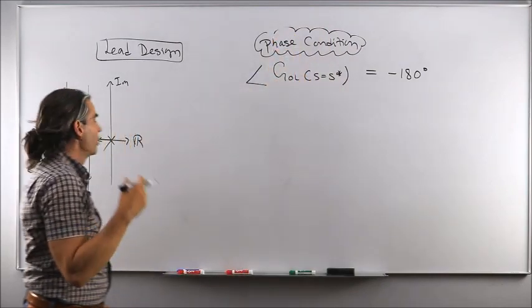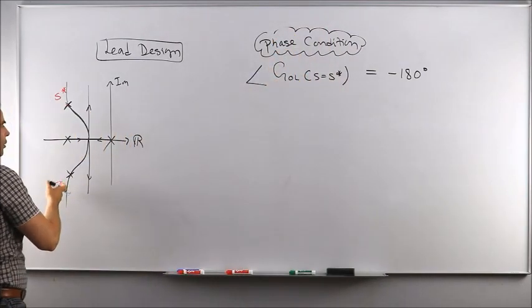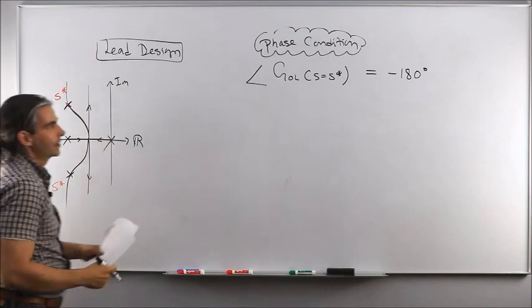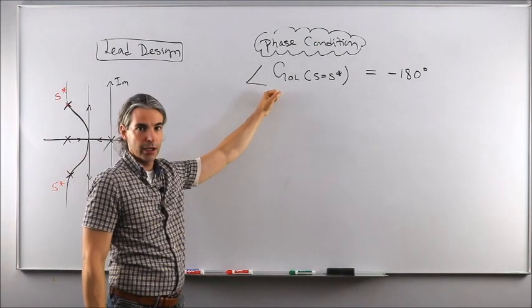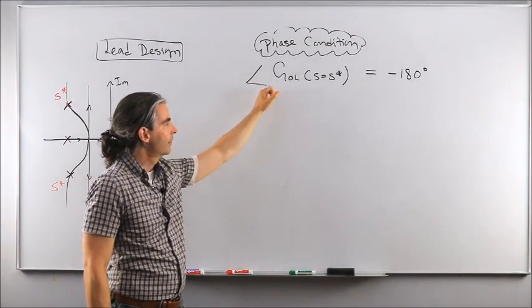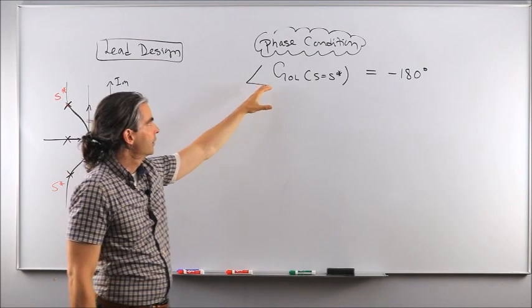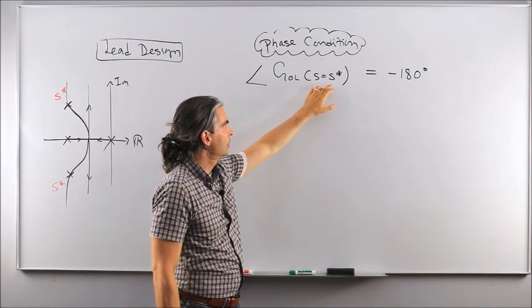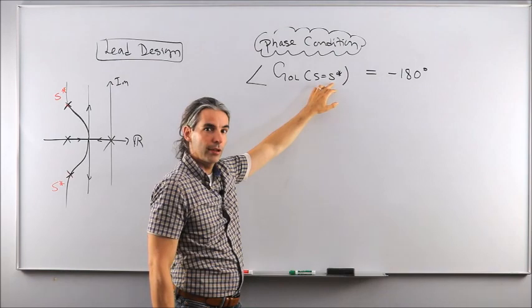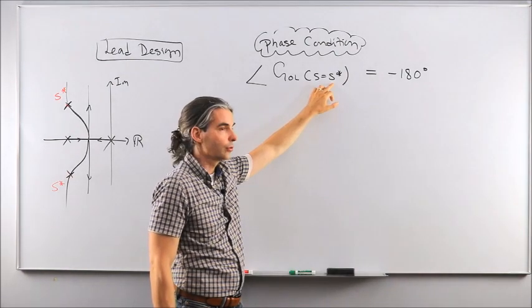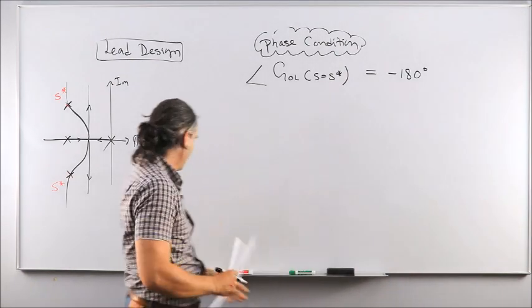And any poles along a root locus will satisfy this condition. Okay? So evaluating the phase condition when the poles are equal to S star will ensure that the root locus goes through S star. Okay?